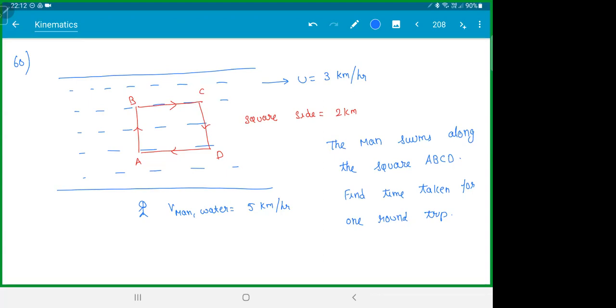I think we have two answers which are matching. Let's see.